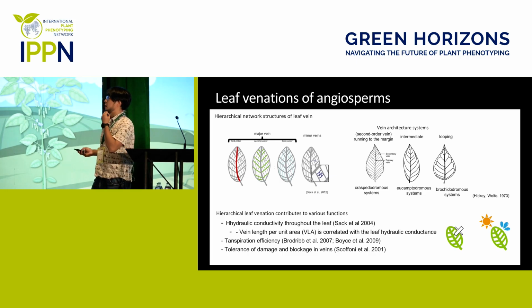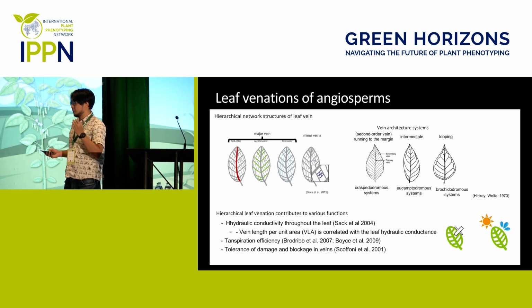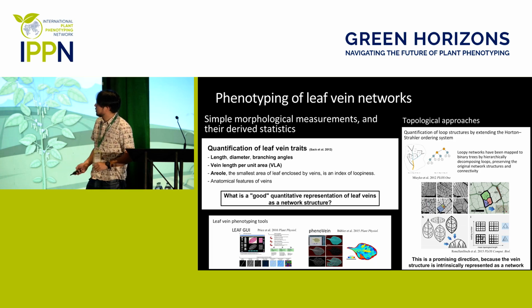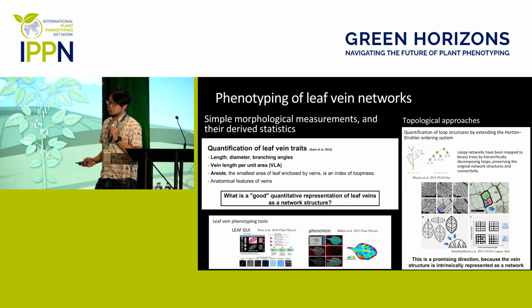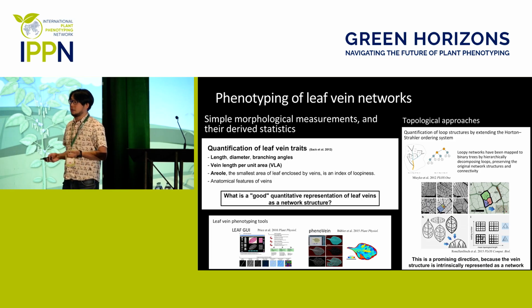In other words, if the venation pattern has detours, it's good. So I believe that the venation pattern should be quantified as a network.